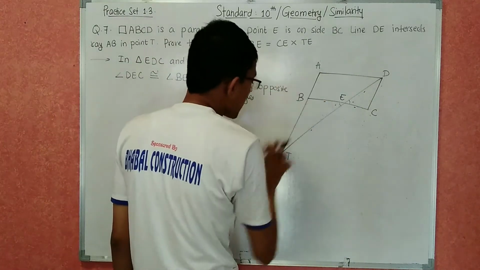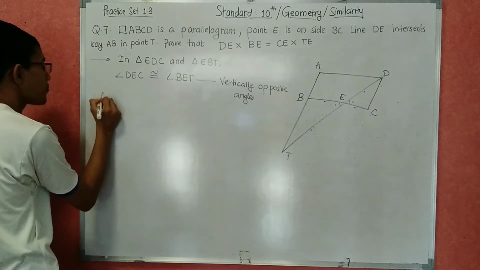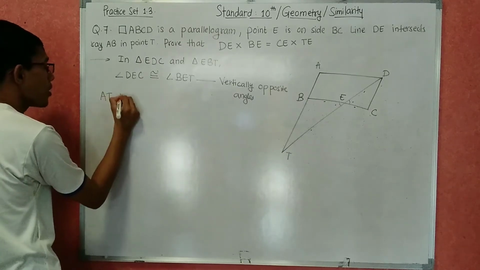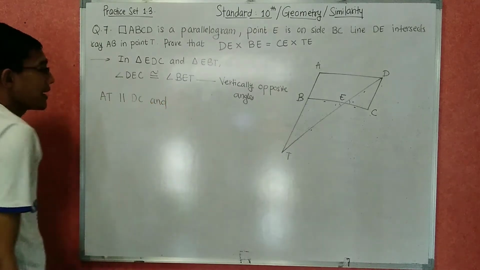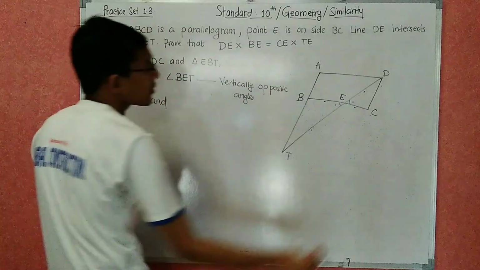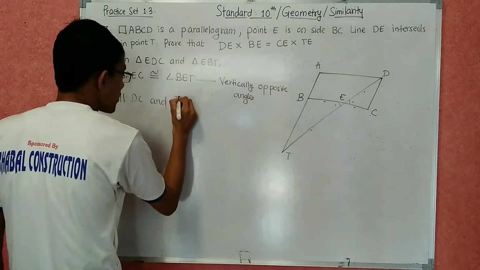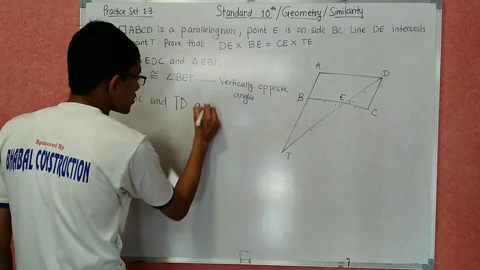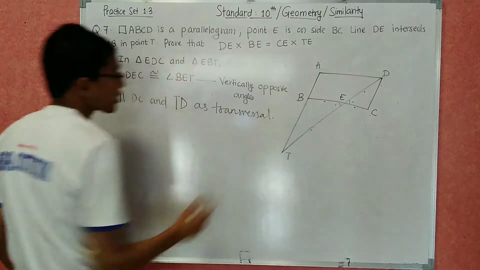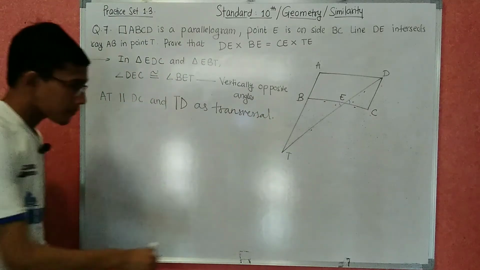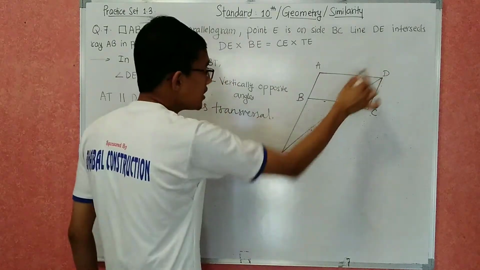So I can take AT parallel to DC, and I will take DT, or TD, as a transversal. Now this line and this line are parallel lines and DT is a transversal.